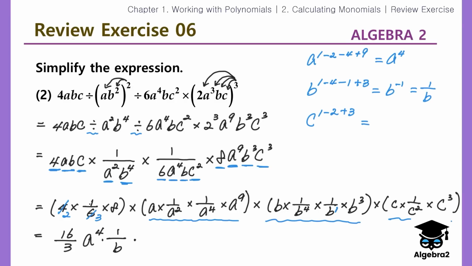So that's going to be negative 1, positive 2, c squared, right? So we have c squared. So if we rewrite this expression, in the denominator we have 3b, and in the numerator we have 16a to the power of 4 c squared.